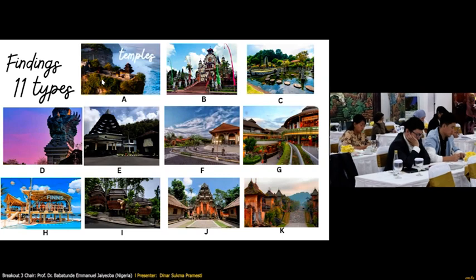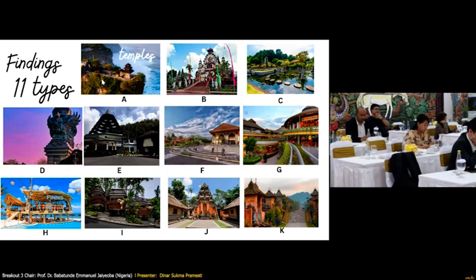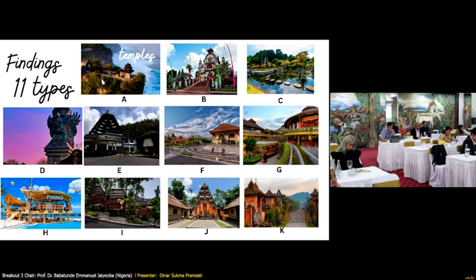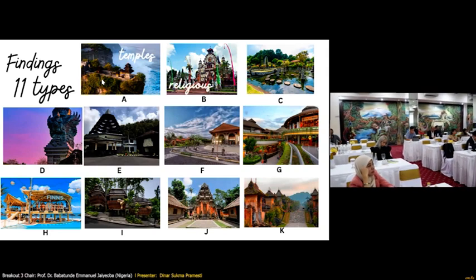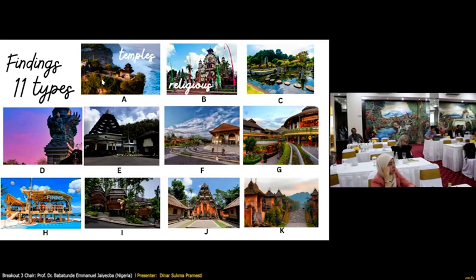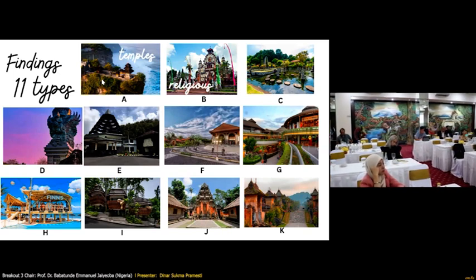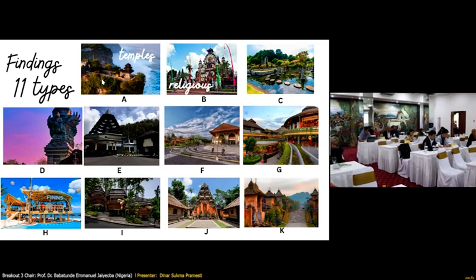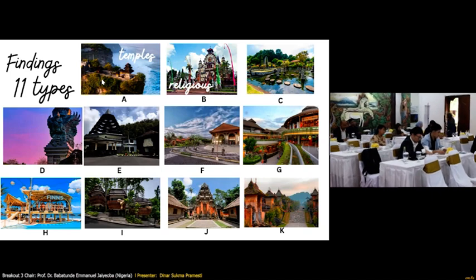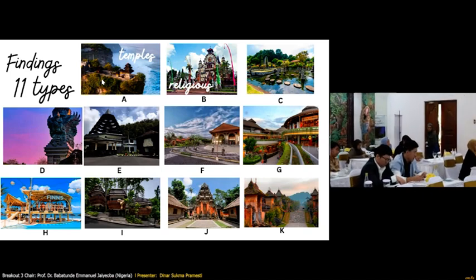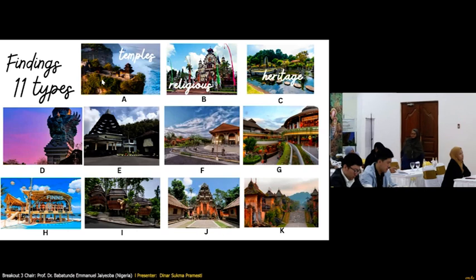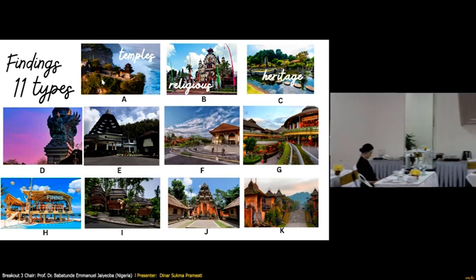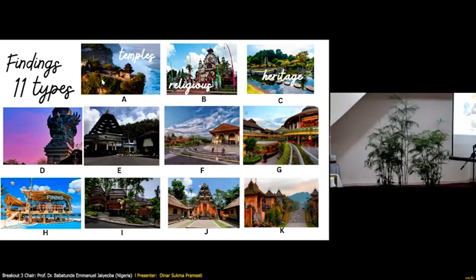The first type is temple. The second one is religious function, like Uluwatu Temple, Tanah Lot Temple, and many more. The religious ones, like Paramasari Church, Vihara, and the third is heritage iconic architecture, like Tirta Gangga and Taman Ujung Palace.